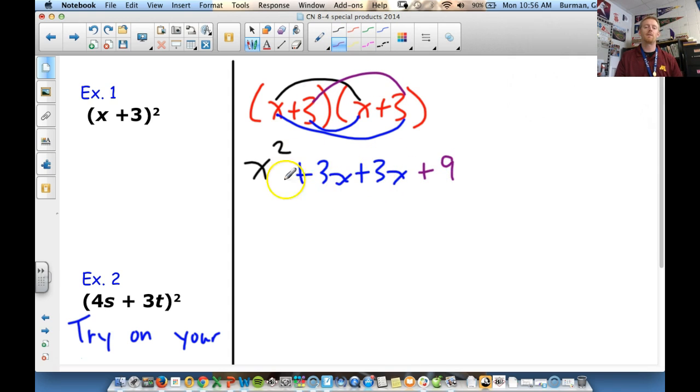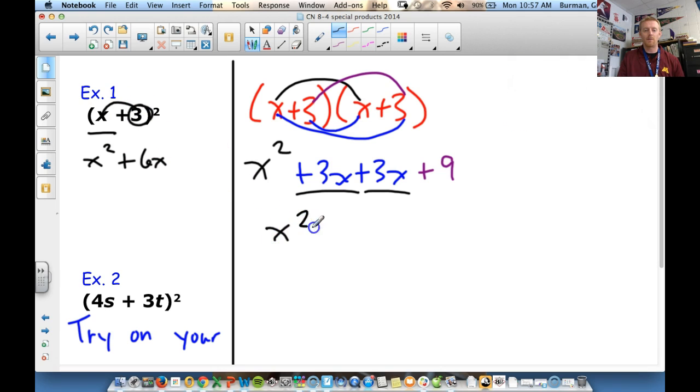Now the pattern here, folks, as you can see, is my two inners, I have a 3x plus a 3x. I can just square the first number, x squared. I can do 3 times x times 2, which makes a 6x, and then I can square the last one. So I end up with the final answer of x squared plus 6x plus 9.